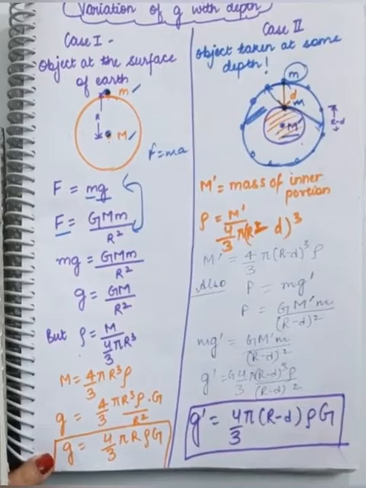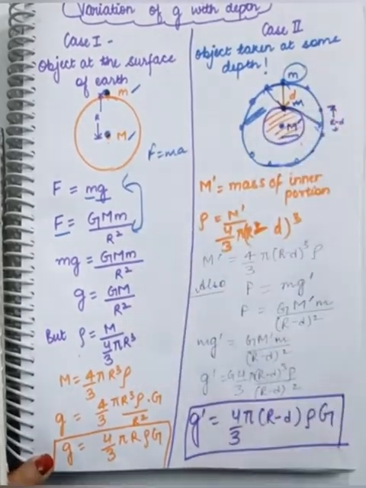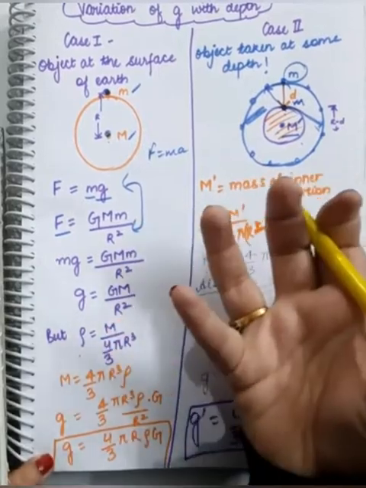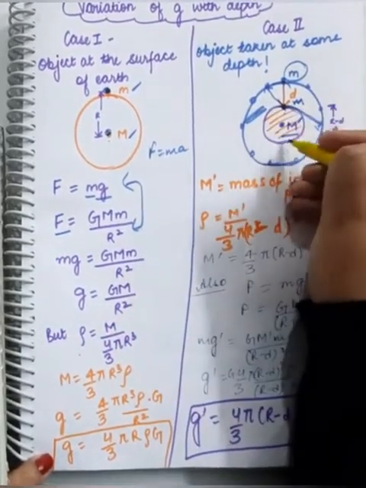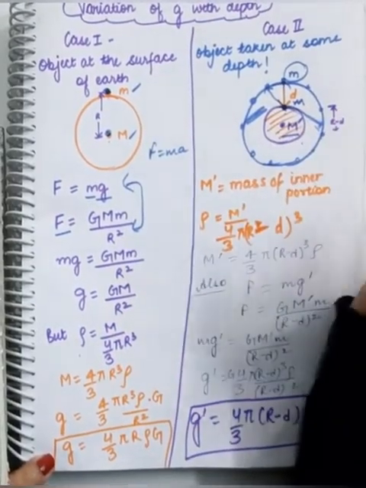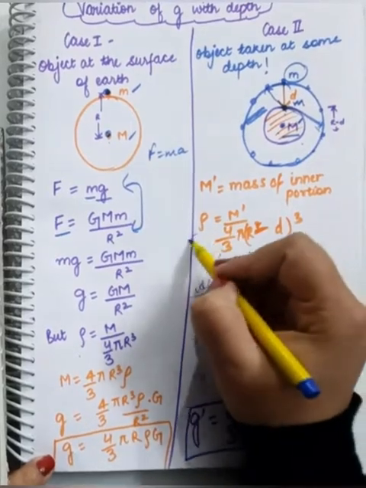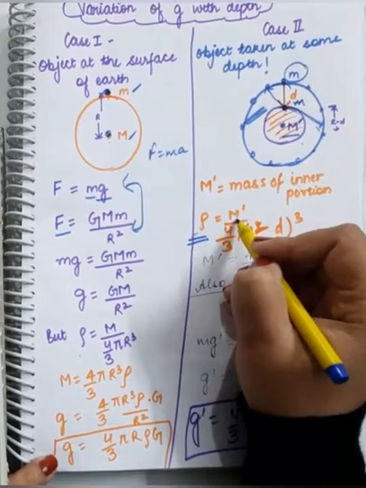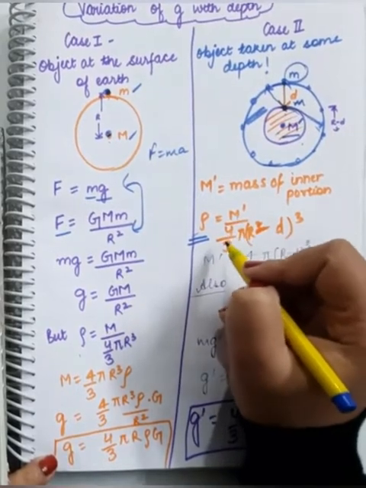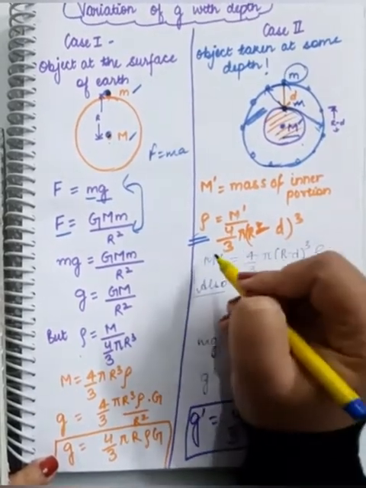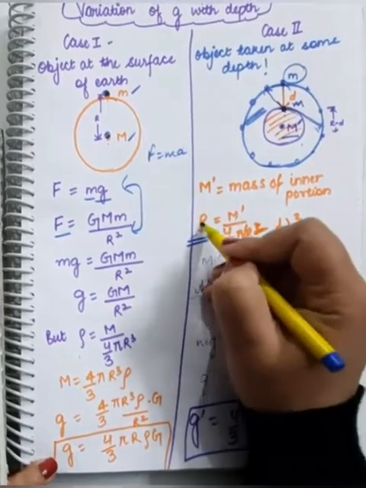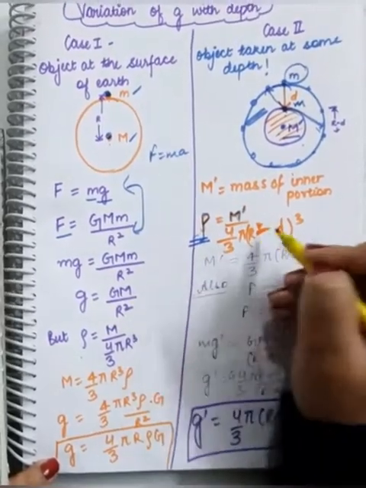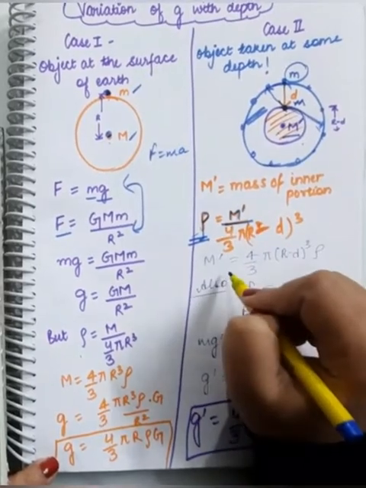And I told you that when the object is brought up to a certain depth, then the gravitational force that it is experiencing will be due to the reduced mass, which is M dash. So density will again be constant. No matter what the individual values of mass and volume are, density is going to remain constant. So rho is equal to mass, which is M dash, upon volume.